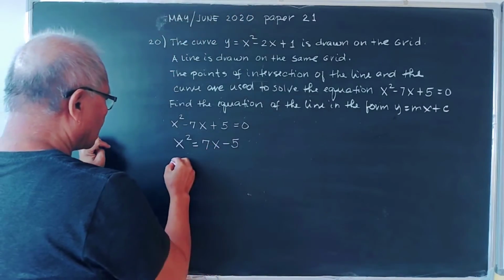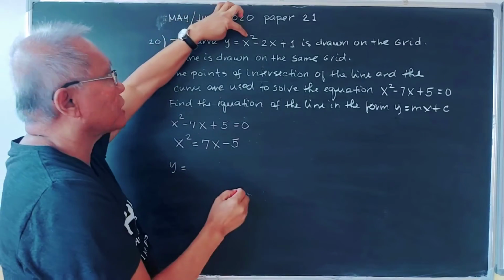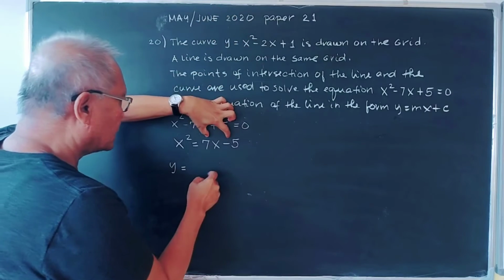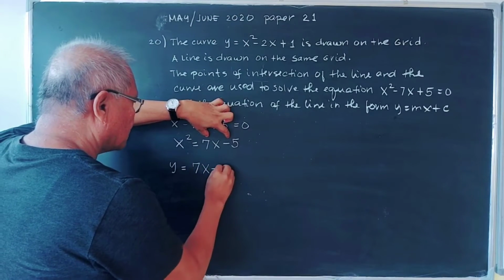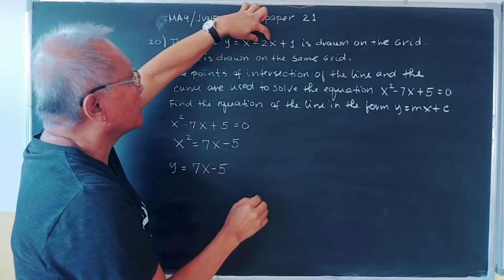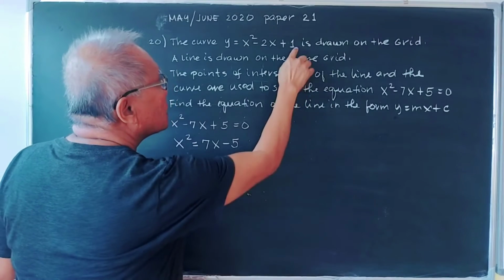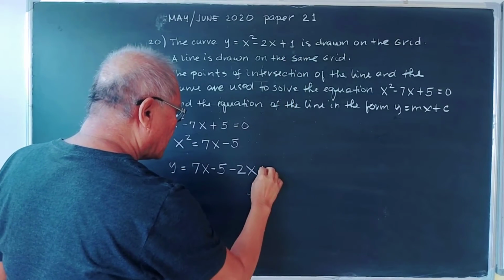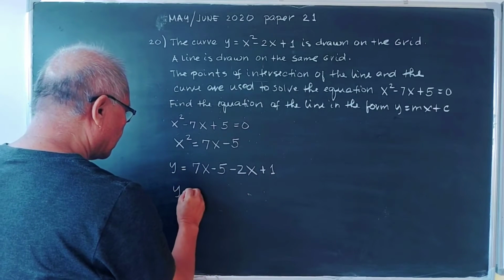And then we have that y. So y here, we are going to replace now the x squared with this one. So we have 7x minus 5 minus 2x, and then the one there plus 1. Then we combine like terms.